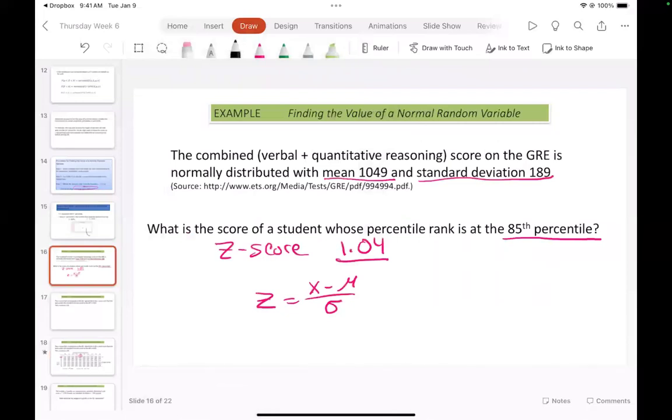So my Z-score is 1.04. We don't know the data value. I know the mean, and I know the standard deviation. Now I'm going to just use my fancy math, my algebra, to solve for X. Multiply both sides by 189.